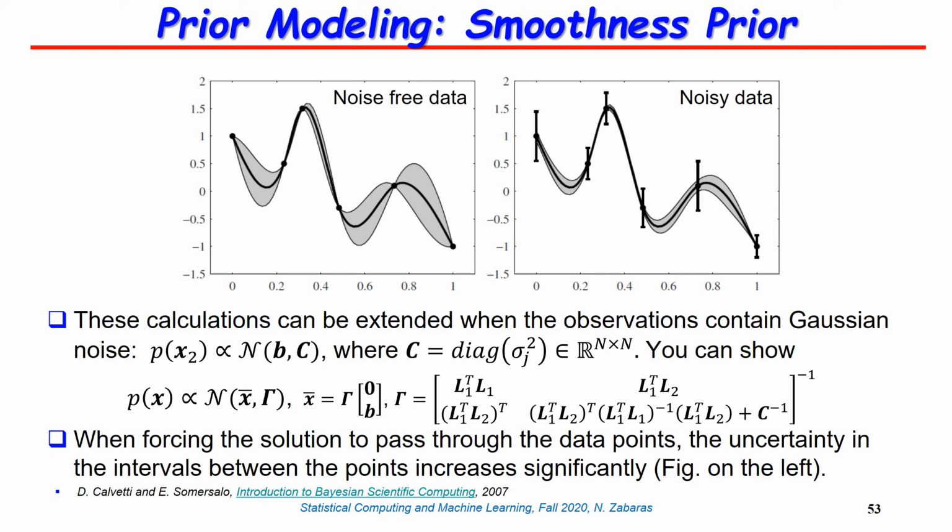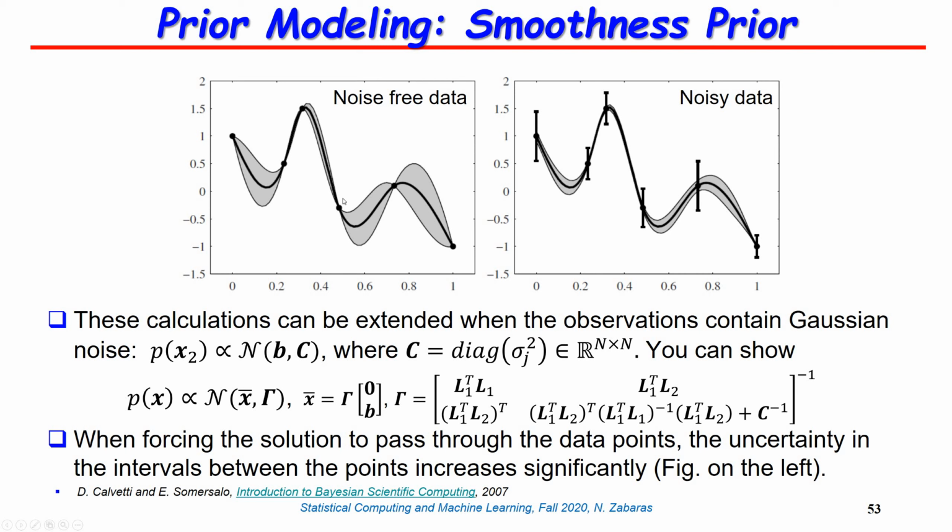The idea is that if you force the curves to pass through these points noise-free, the uncertainty becomes bigger, because whatever is happening away from these points, we have to come back and pass through these points.